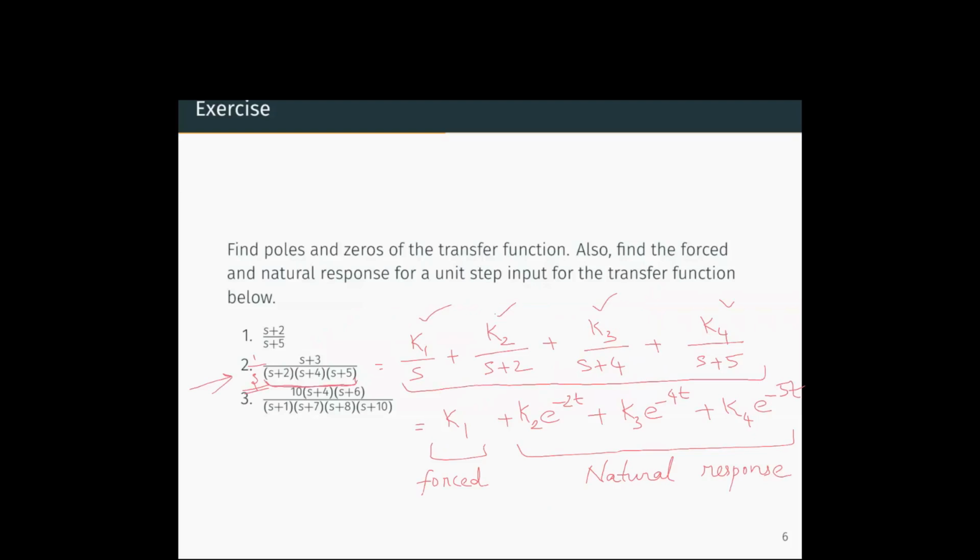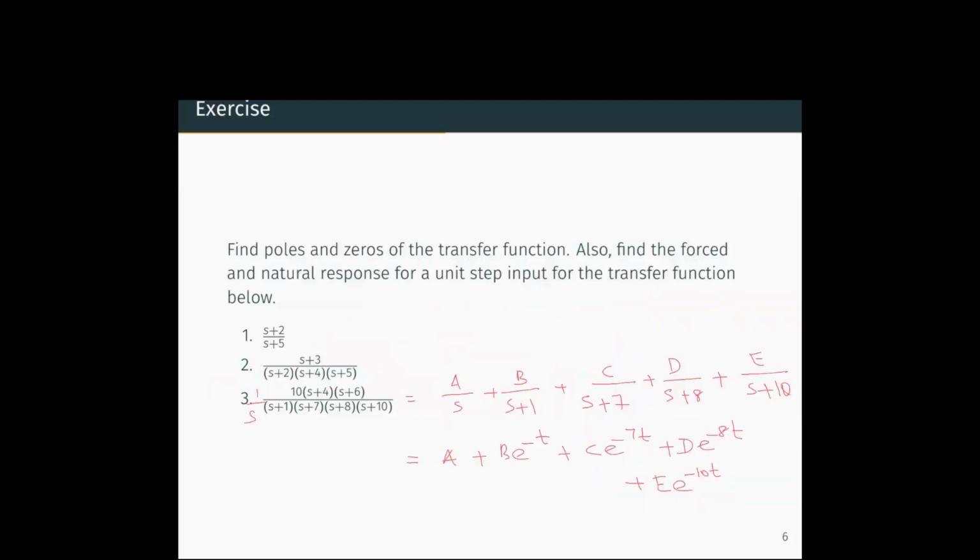But what we need to see is that this input 1 by s causes this K1, which is the forced response of the system. And this part, which is caused by the poles of the system, will contribute to the natural response of the system.